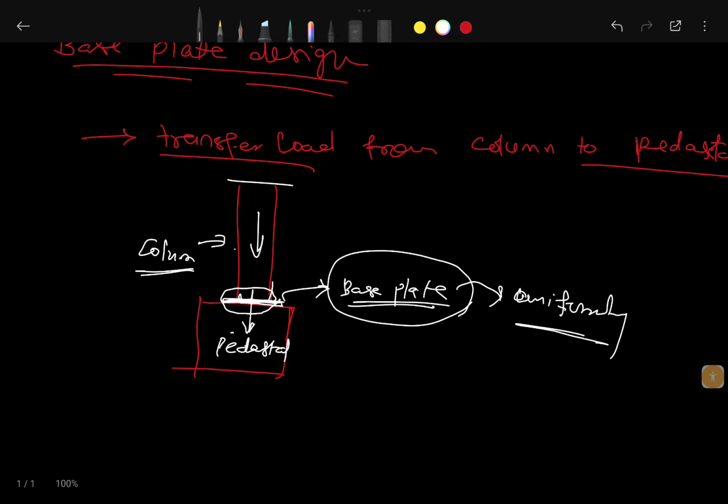But actually, if loads and moments are coming in this column, clockwise moment, anti-clockwise moment, if moment is coming into this pedestal, then this column can have the ability to overturn with the base plate.